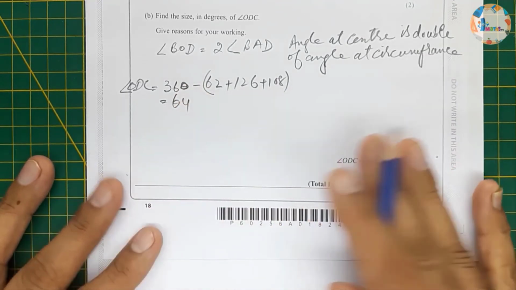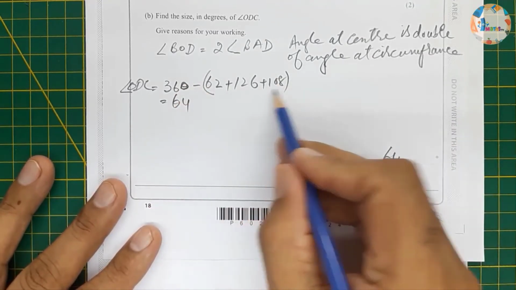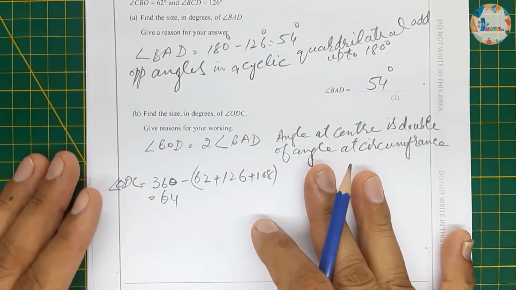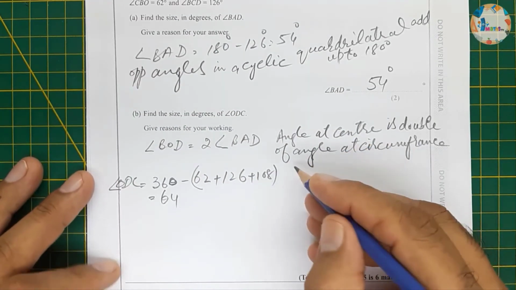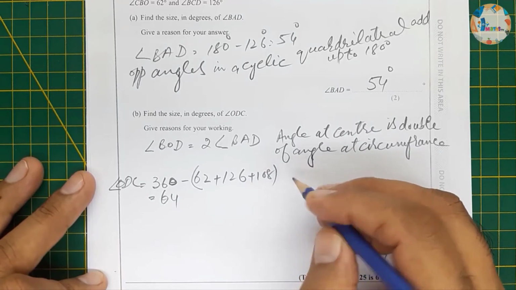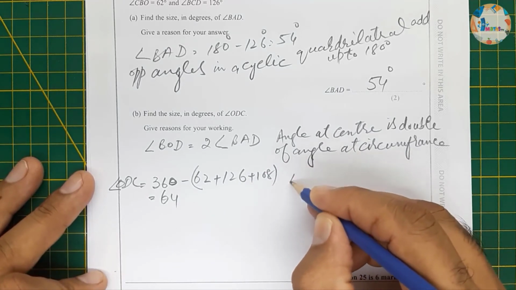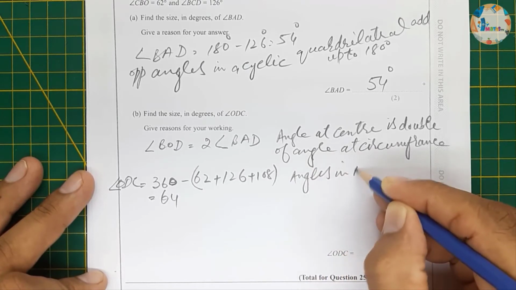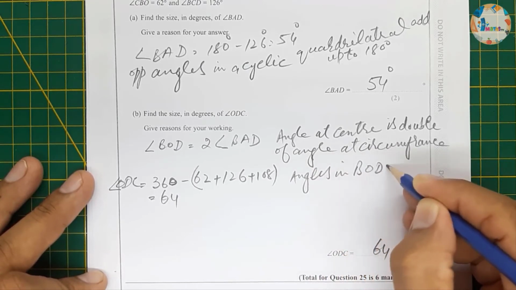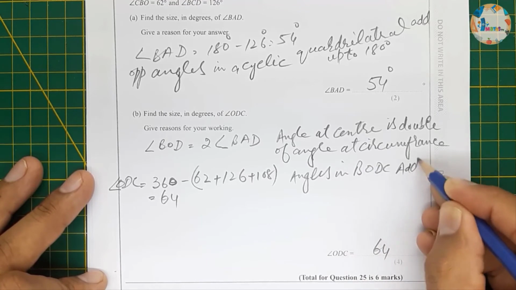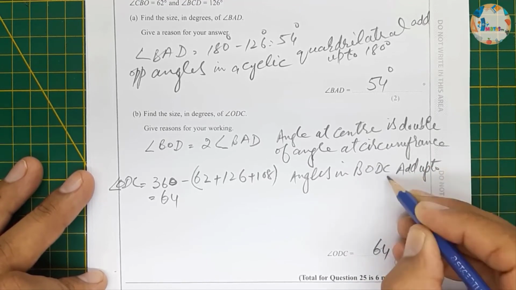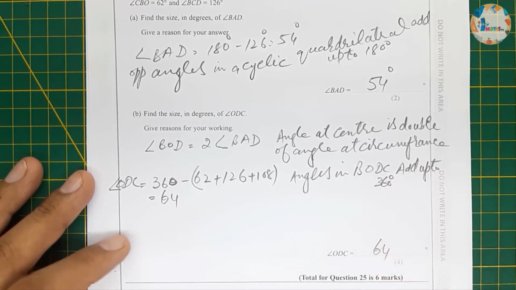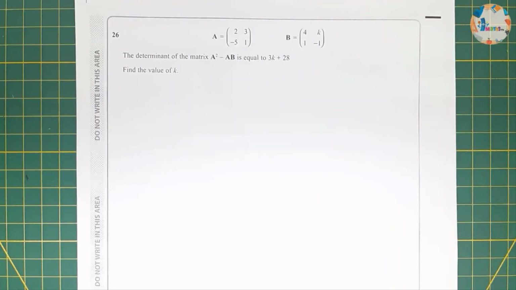So our answer is 64. And here also we can give the reason: angles in a quadrilateral add up to 360. Angles in BODC add up to 360 degrees. So this is done. Question number 26.